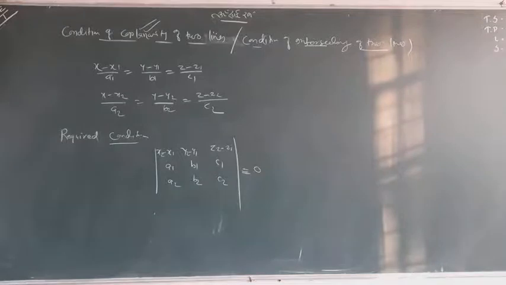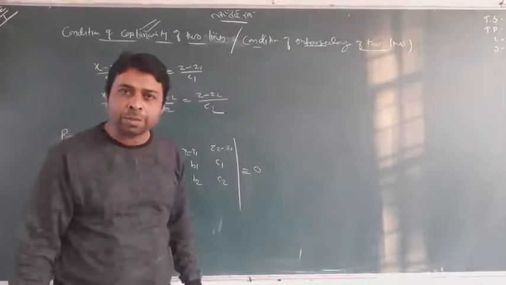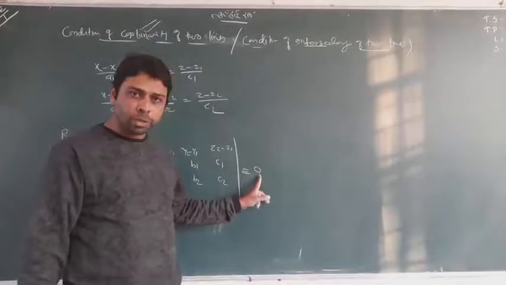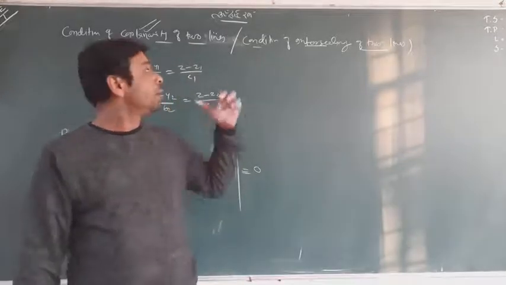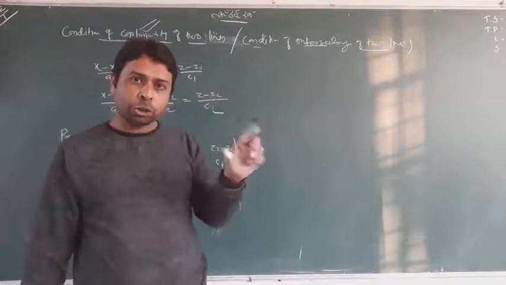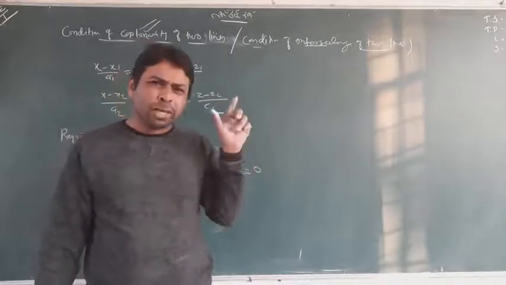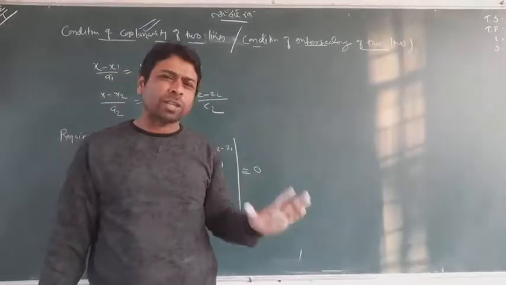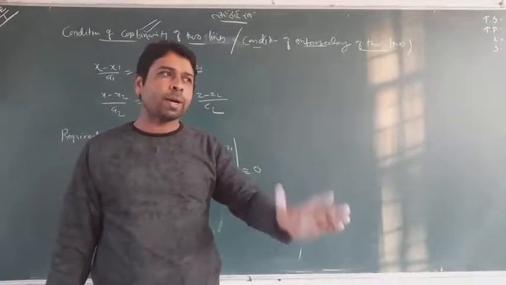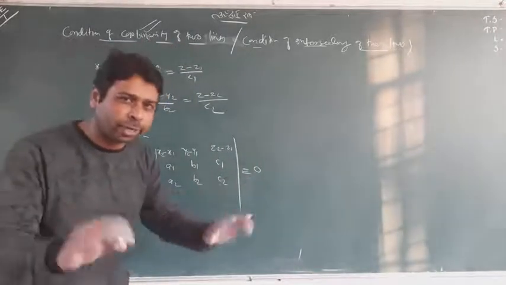If you solve the determinant and get 0, it proves it. I have told you the direct condition. I could also tell you the whole derivation, but the time is not allowing me to do all such things. That's why I'm telling you directly, and you will feel comfortable, guys.